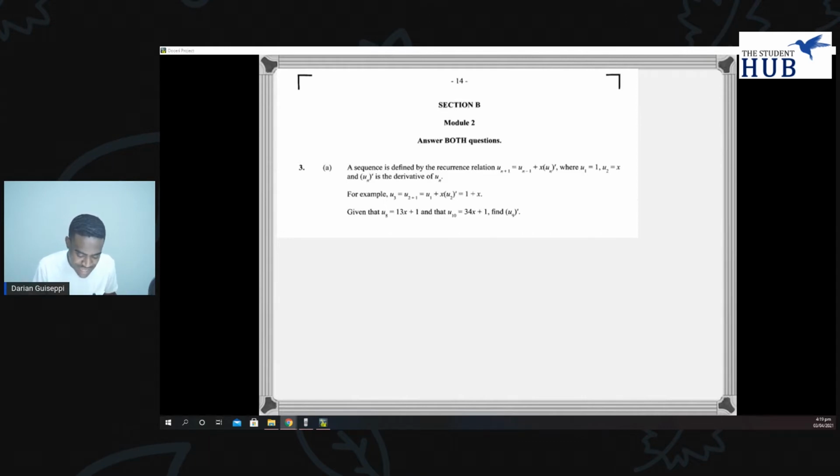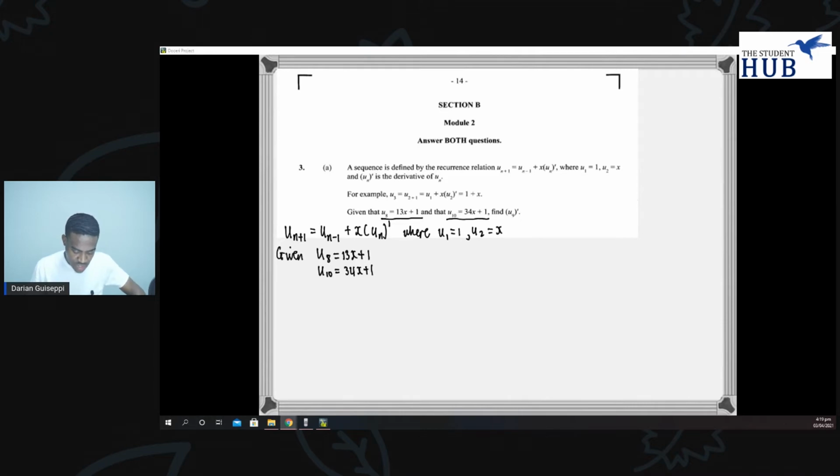It says, given u8 is equal to 13x plus 1 and u10 is equal to 34x plus 1, find u9 prime. So that's what we need to find. The first thing I would do is put down all the information that the question gave us. So let's do that first. u subscript n plus 1 is equal to these two things.